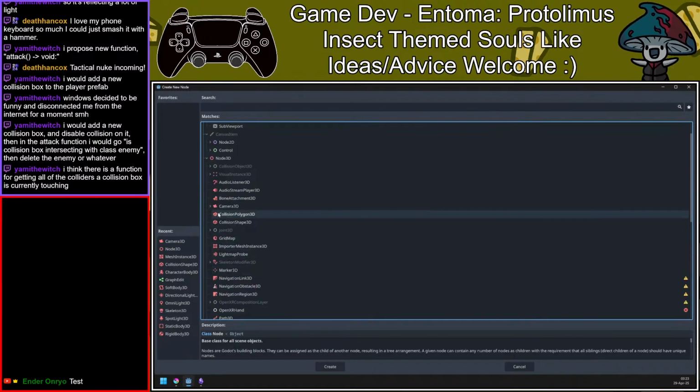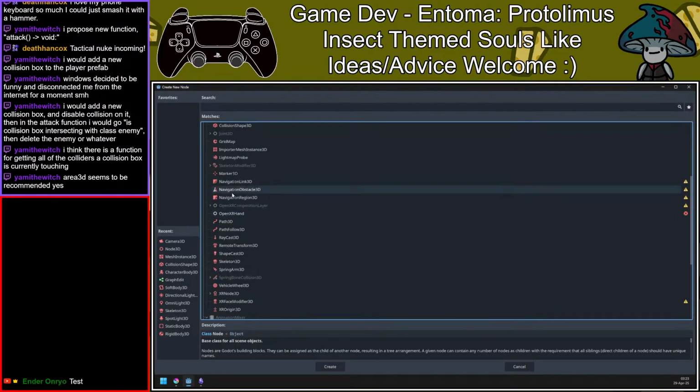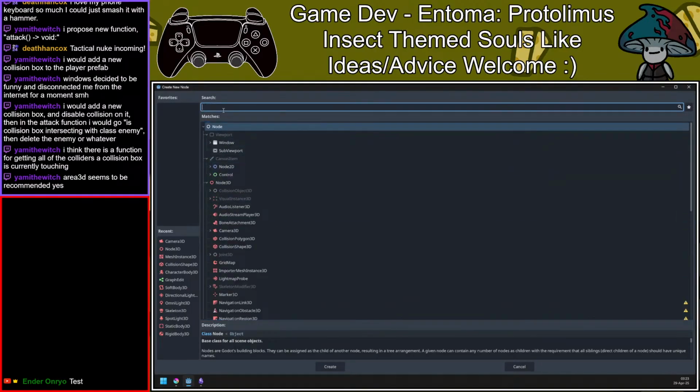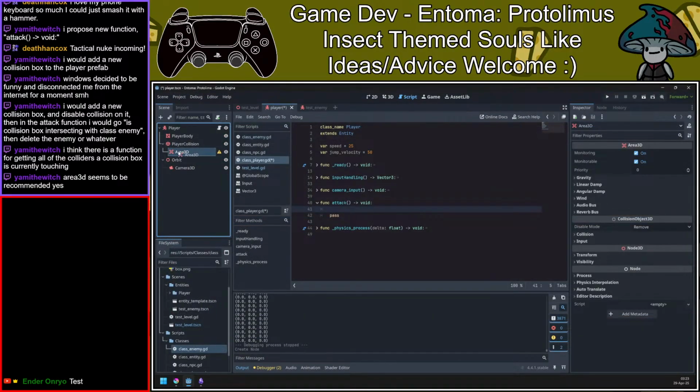Oh, there's a lot of nodes. Area 3D. Hit area. This node has no shape.